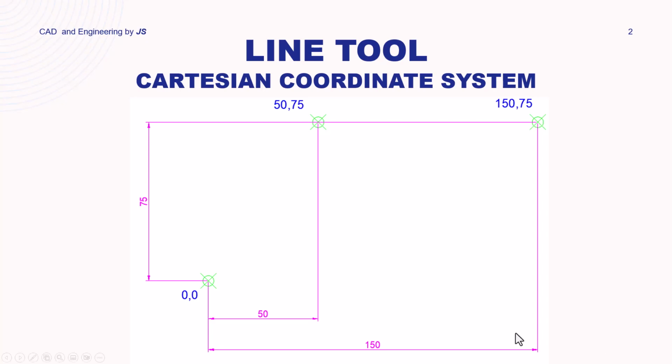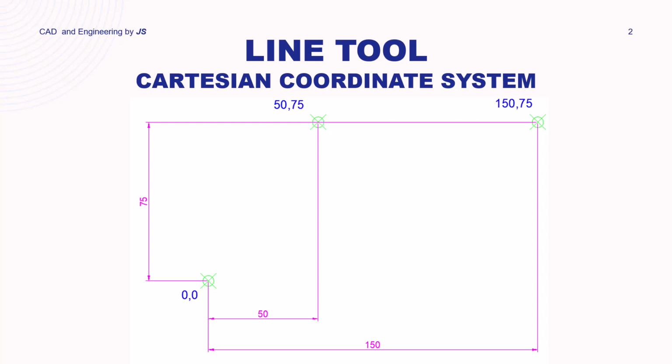To locate a point in a Cartesian coordinate system, we need to give its coordinates. The coordinates are a pair of numbers, two numbers in 2D, three numbers in 3D, and these numbers tell us how far the point is from the axis. In this slide, we have the origin 0,0 shown, and we have 2 points.